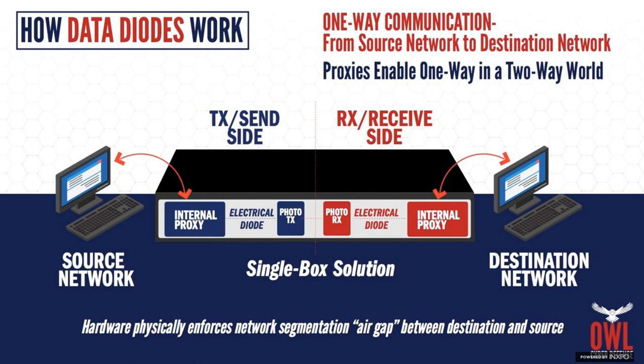So the data is sent to the diode. The diode becomes the new endpoint. Previously, A was talking to B, or source was talking to destination. The source side of the diode becomes the new B prime, if you will, so A is talking to B prime instead of the original B. The session is terminated, so all the TCP/IP acknowledgments, the ACKs and NACKs, and all those things that are expected of the protocol are all followed and executed.